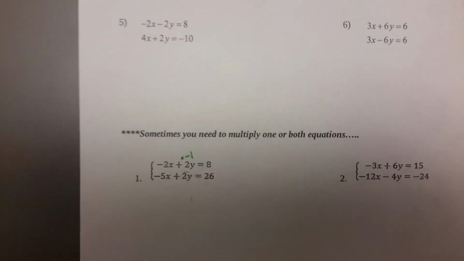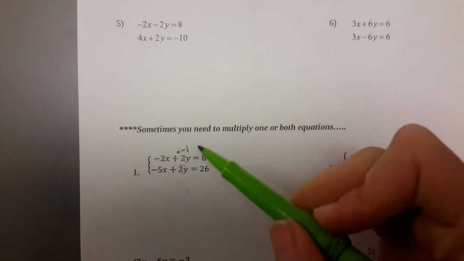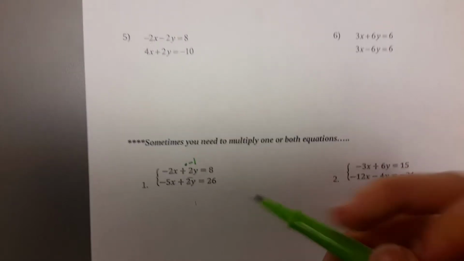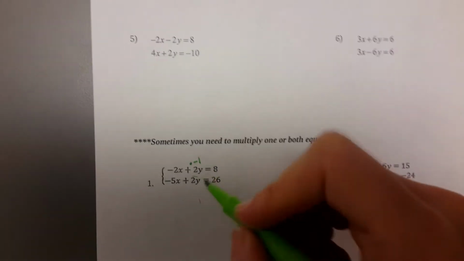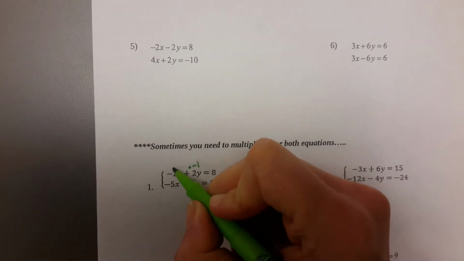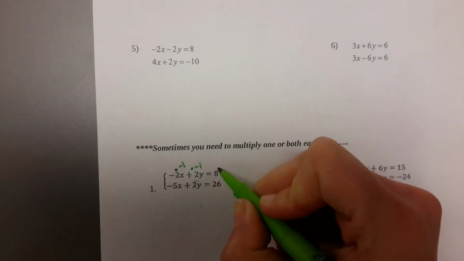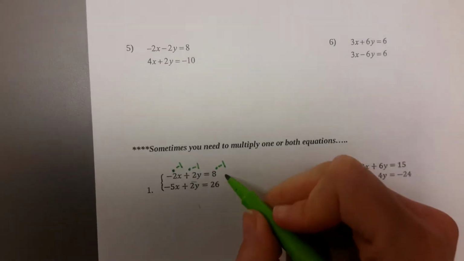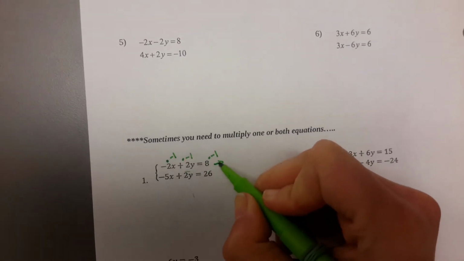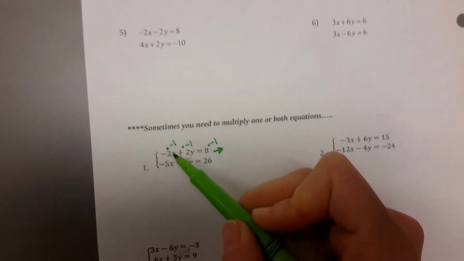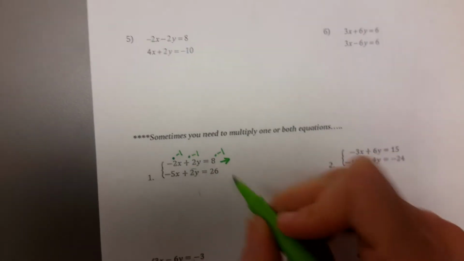Multiply by negative 1. Now, the thing about equations is I can't just change one thing about the equation. What I do to one side, I have to do to the other. So I actually have to multiply by negative 1 for every single thing that's in this equation. So my new equation, after I multiply everything by negative 1: negative 1 times negative 2x is positive 2x.